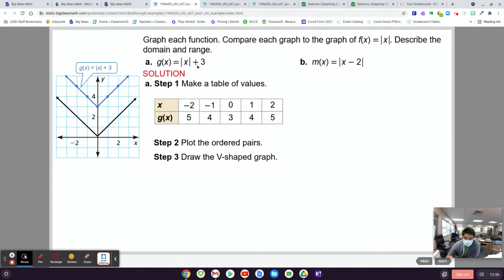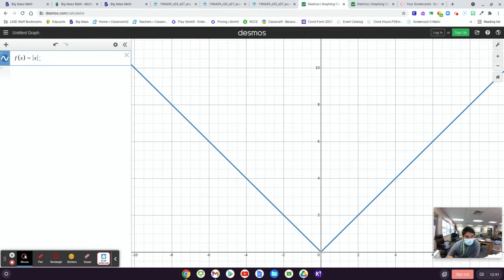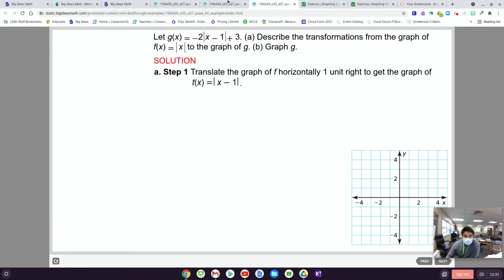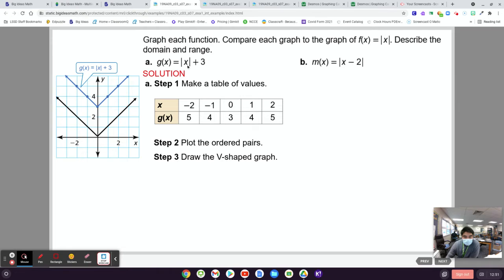Another way you could do this is you can also recognize that the absolute value of x plus 3 is pretty similar to the absolute value of just x. However, you're adding 3 to it. And so you can actually use transformations to see how this function is going to be different than our original function, our parent function.